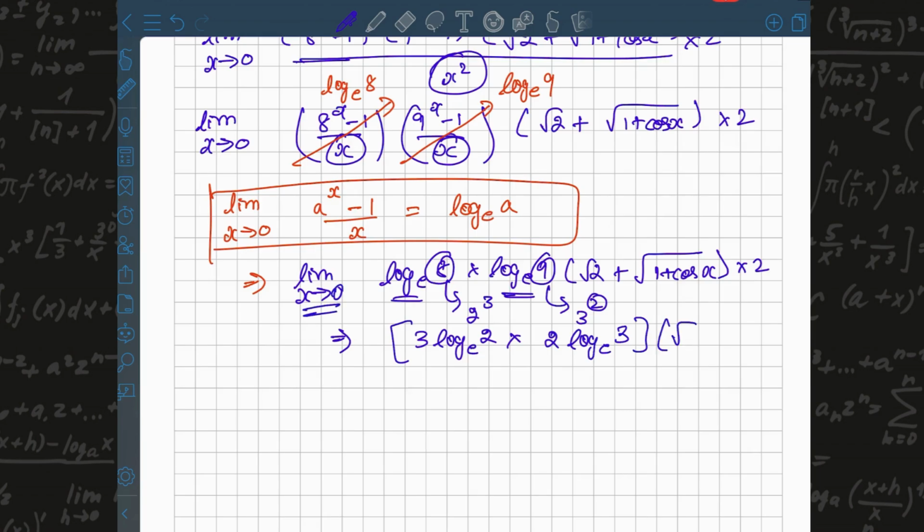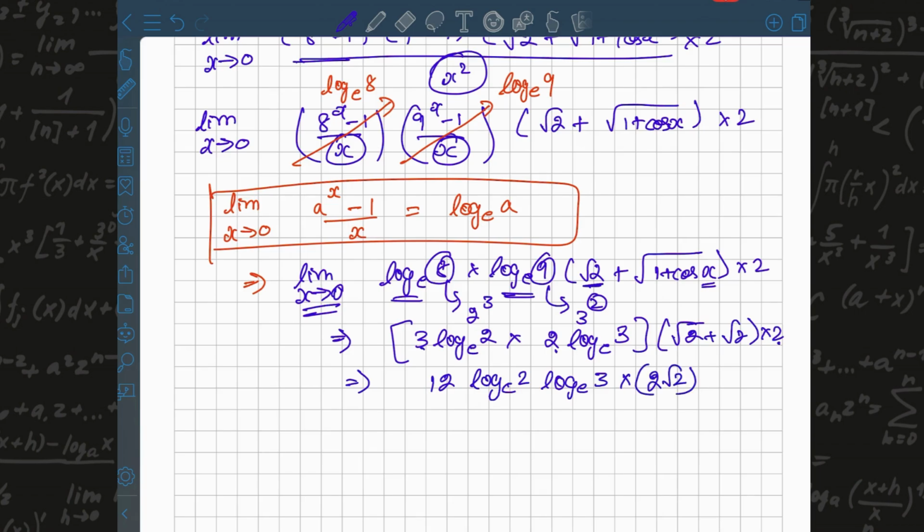Just apply the limit here because it's never going to be 0 by 0 form, and cos 0 is 1, so it will become root 2 plus root 2, right? Because here plus is also there, so root 2 plus root 2 into 2. Okay, so 3 times 2 is 6, 6 times 2 is 12, 12 log base e 2 log base e 3 into 2 root 2.